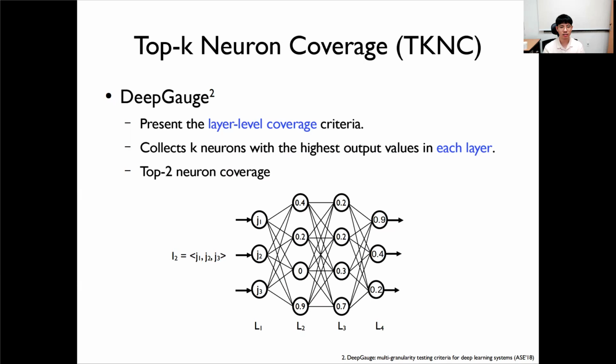So to calculate the coverage metric TKNC, we first collect the k neurons with the highest output values in each layer. Like neuron coverage, suppose that the DNN takes an input vector, I2 in this case, and calculates the output values of each neuron as follows.